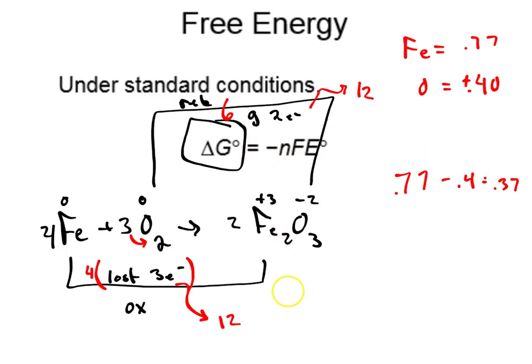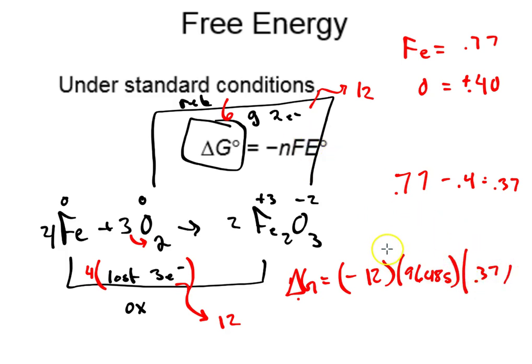All right, and now we plug this in. Delta G equals negative 12. Where did I get that from? That's the number of moles of electrons. F is 96485. And this 0.37, right?